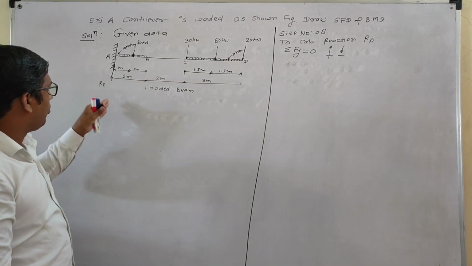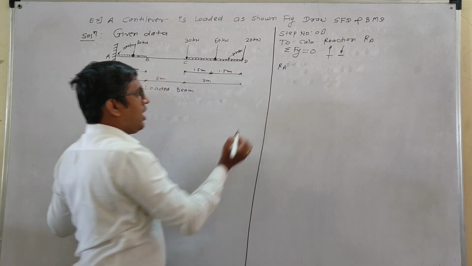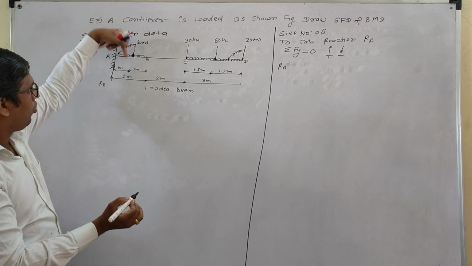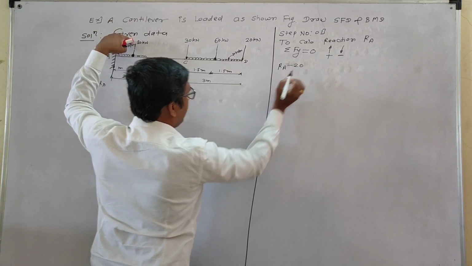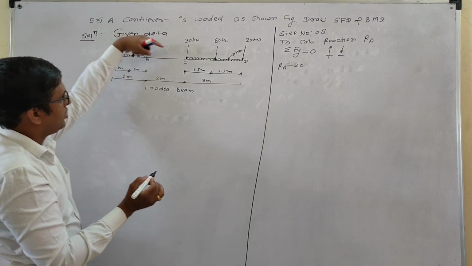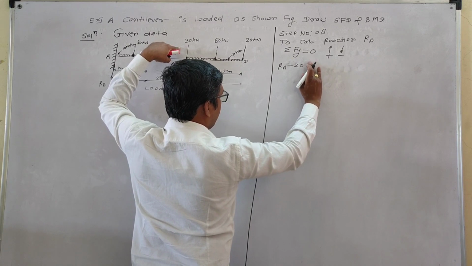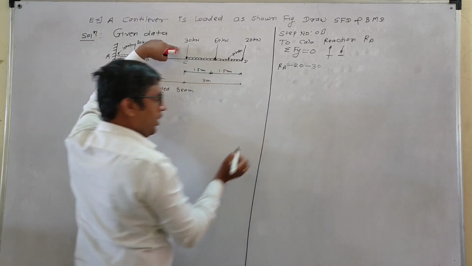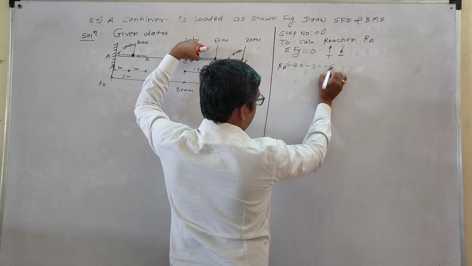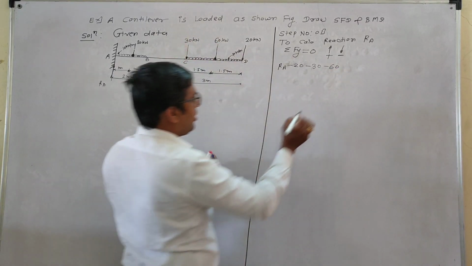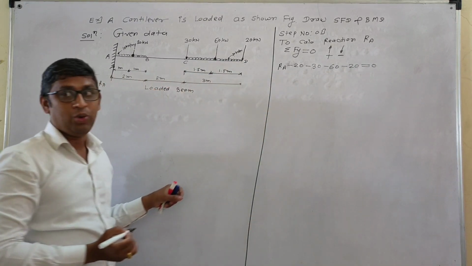This RA goes upward, take it positive, plus RA. Downward forces: minus 20, the next one minus 30. Why minus? Because this force goes downward. Again minus 60, then minus 20 is equal to 0.